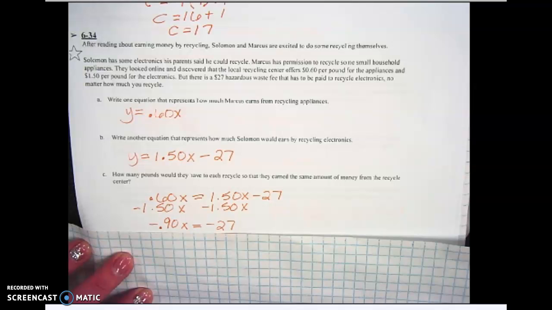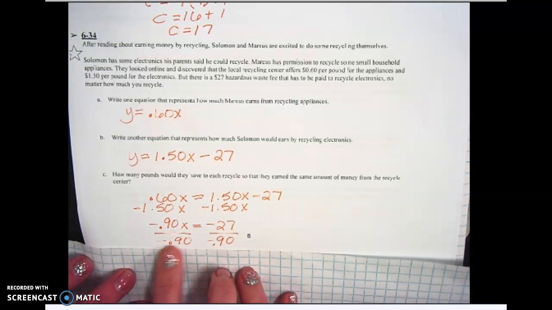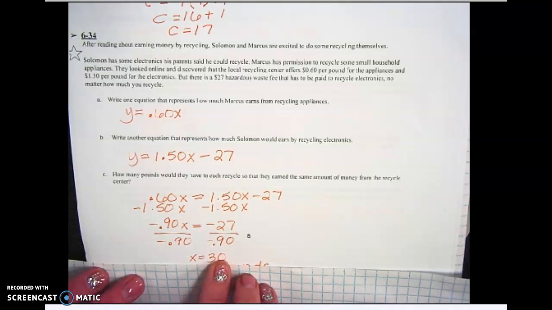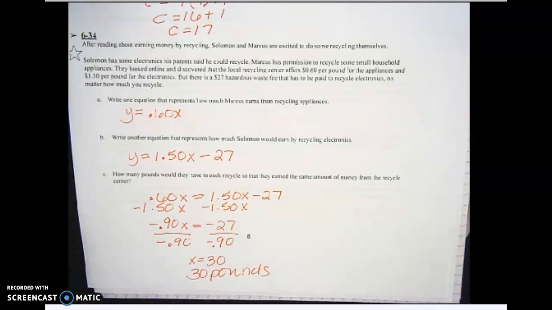We're going to end up with a positive. So even though it's weird and we have negatives right now, it'll work out just fine. When we divide by negative 0.90, it ends up being positive 30. So at 30 pounds, these two guys are going to earn the same amount of money.